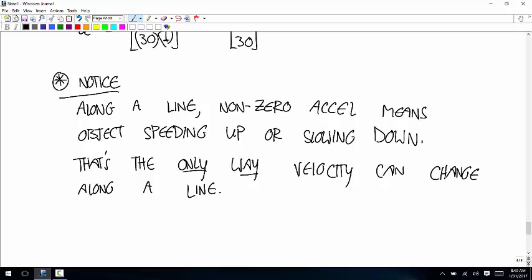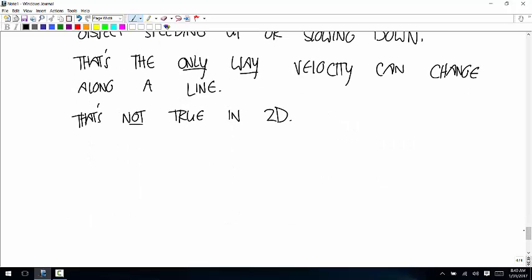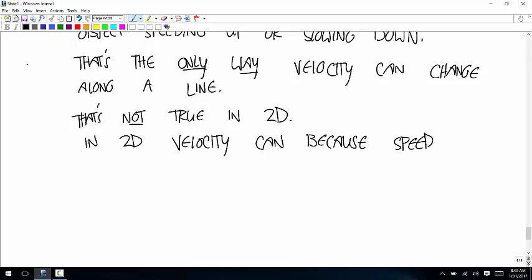But that's not true in 2D. In 2D, velocity can change because the speed is changing, or because the direction is changing.